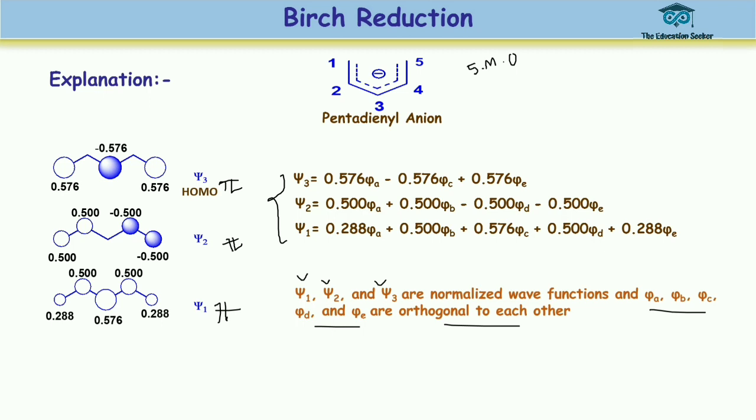Now we can do 2 things to consider the protonation effect. Number 1, we can consider the highest occupied molecular orbital for protonation, and the second thing we can do is to calculate the total pi electron densities at carbon 1, 2, 3, 4, 5 and compare among themselves to know which carbon is bearing the maximum pi electron density for protonation.